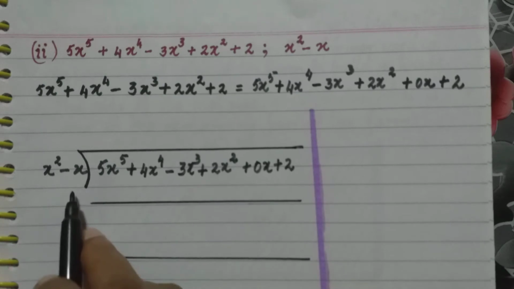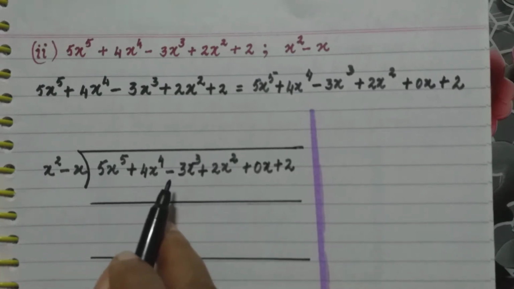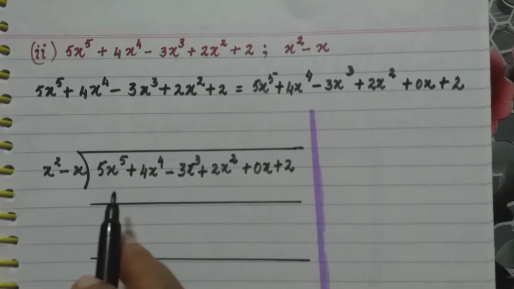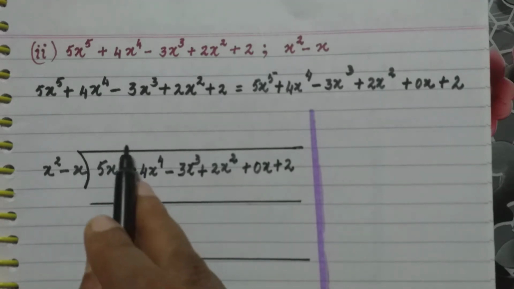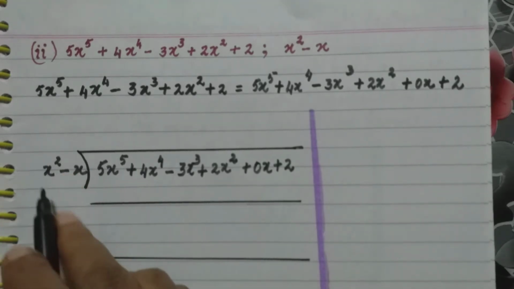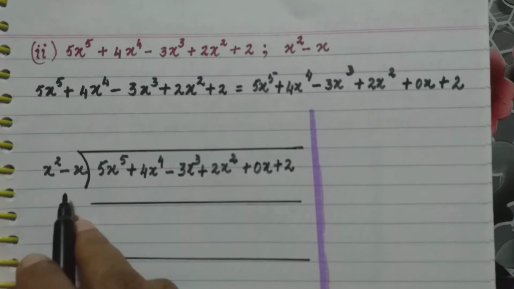Okay, now we have to start dividing, and as I told you, when we divide, we take the first term of the dividend and divide it by the first term of the divisor.